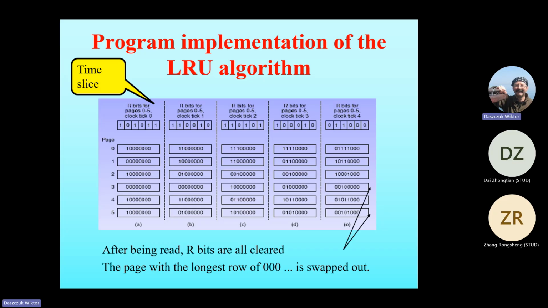Here, those two pages have 2 zeros in front of the shift register. So those two were used least recently. Let's look. Here they are not used. Here they are not used. Here they both were used. 1 and 1.